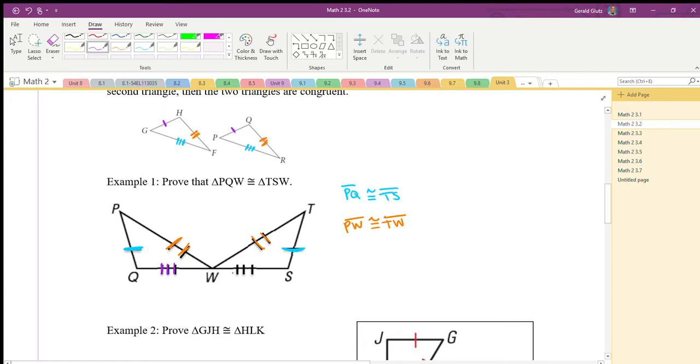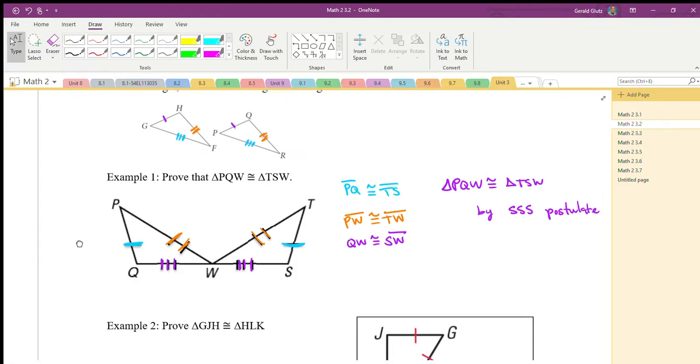And QW is congruent to SW. So now I know all 3 sides of QPW are congruent to all 3 sides of STW. So that means that triangle PQW is congruent to triangle TSW by the side postulate. And that's it for example 1.